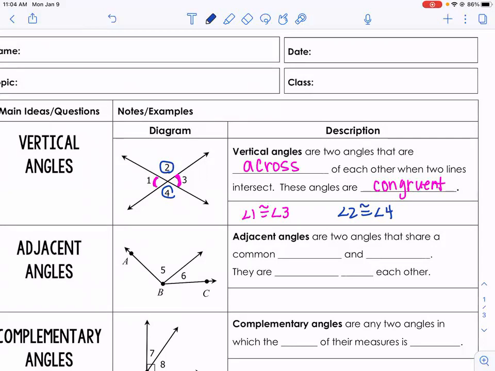Vertical angles make two V's. When we have two lines that are intersecting, they create vertical angles. So make sure we understand that vertical angles happen when we have two lines intersecting.